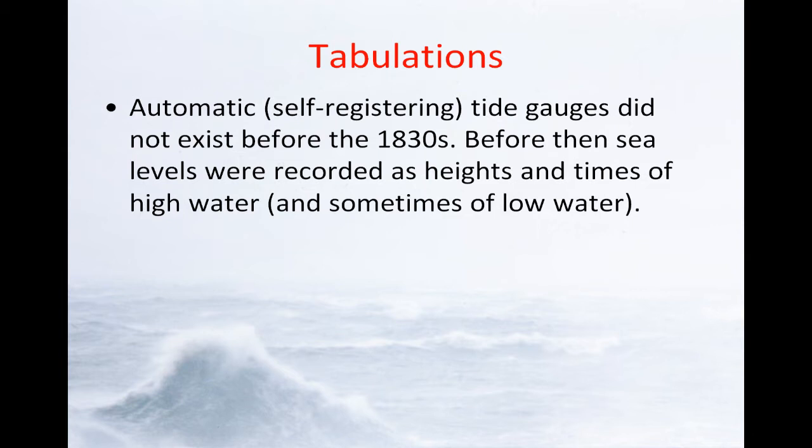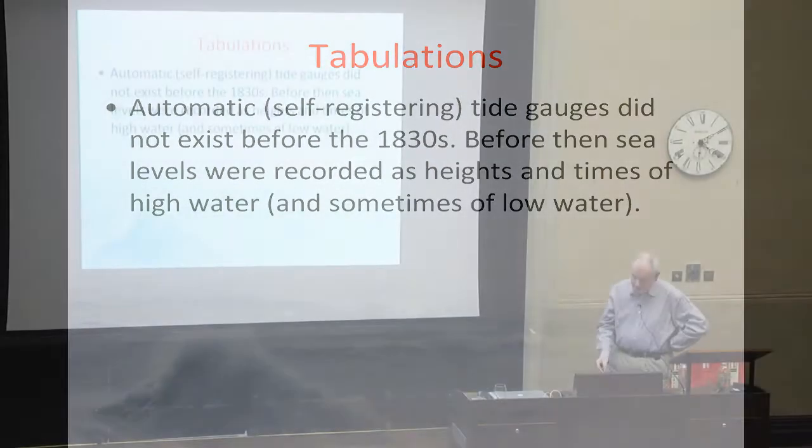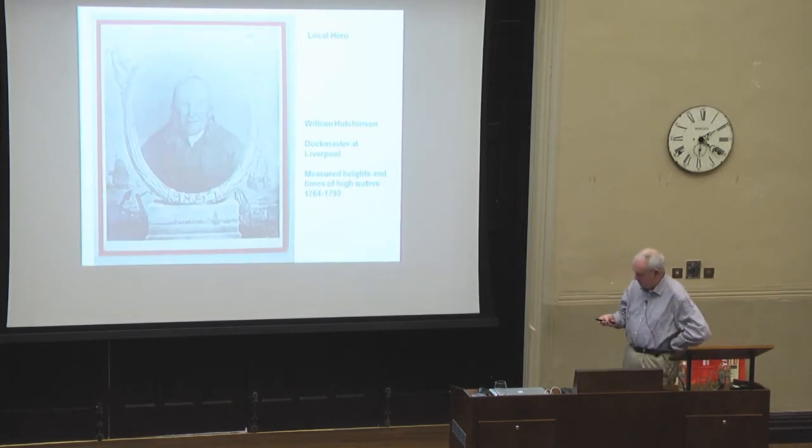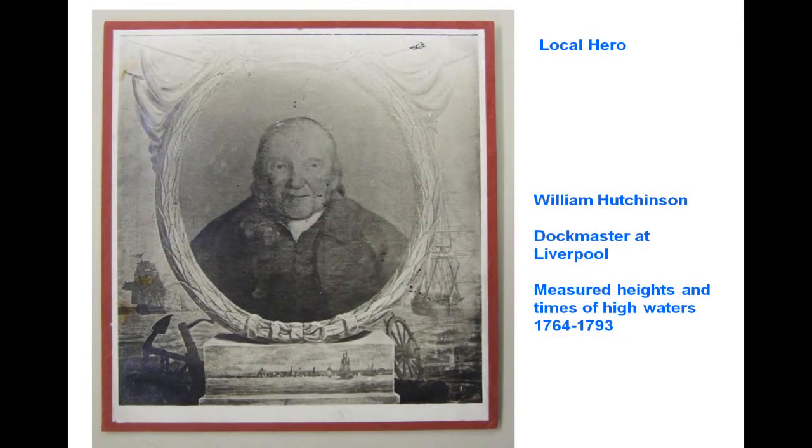But before then, what sea level was really records of heights and times of high water, and sometimes of low water. So there is quite a lot of this around the world, and as we're in Liverpool, I thought I'd mention my local hero, who's William Hutchinson, and he measured heights and times of high water from 1764 to 1793. Which is a remarkable achievement.